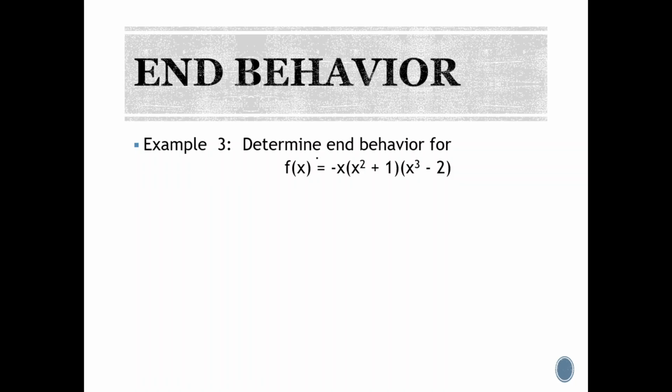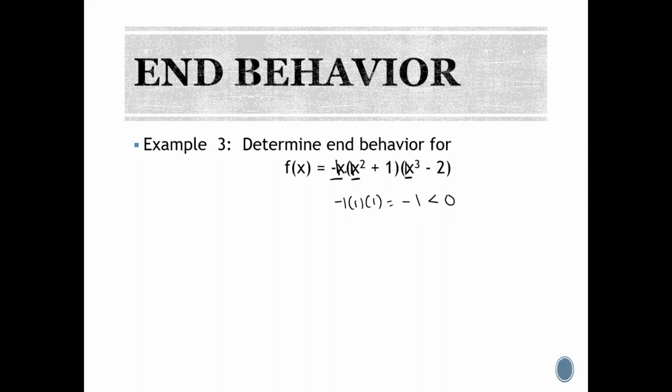Now on this one, I don't have to multiply this out, but I do need to look at all the leading coefficients. So the leading coefficients of each piece are -1, 1, and 1. So that gives me a leading coefficient of -1, which is less than 0.